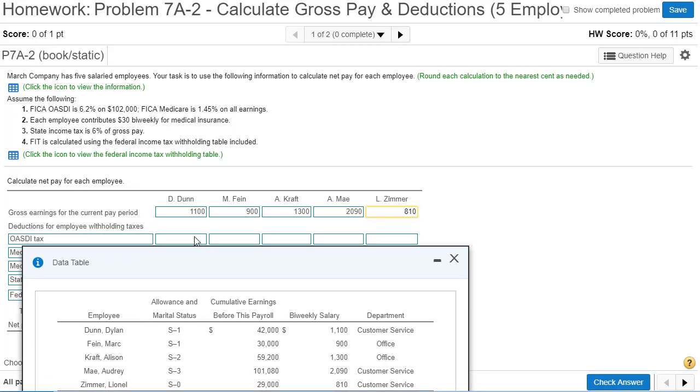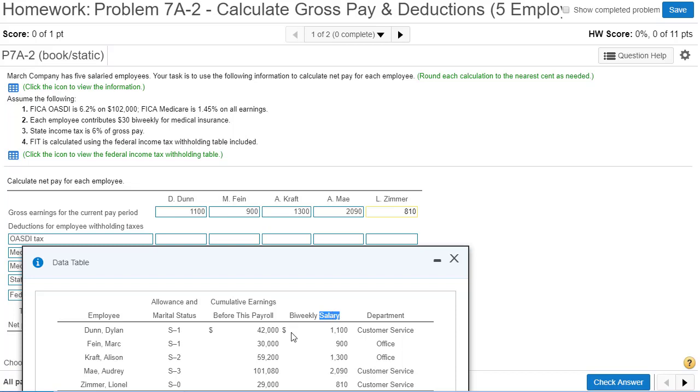Next thing we're going to do is the OASDI tax. Remember, OASDI has a wage base, so we have to check. We have to take each person's cumulative earnings before, in other words, their year-to-date earnings before this payroll, add it to their salary, and make sure they are not above the 102,000 limit.